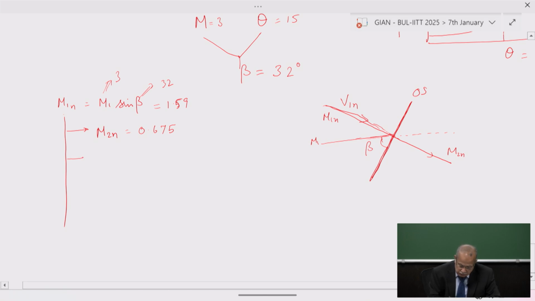Okay, let's first gather the data and then we will proceed with the analysis. So for that value of M1n, we should be able to find P2 by P1, T2 by T1, PT2 by PT1, and so on. Also, we can find rho 2 by rho 1. What is P2 by P1? 2.783.